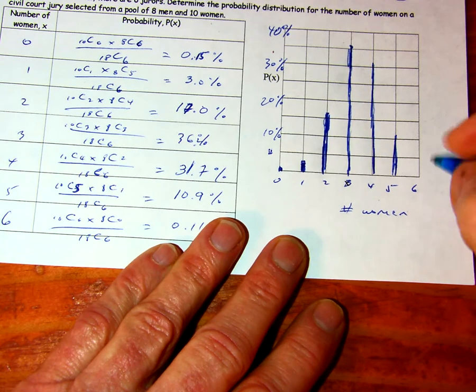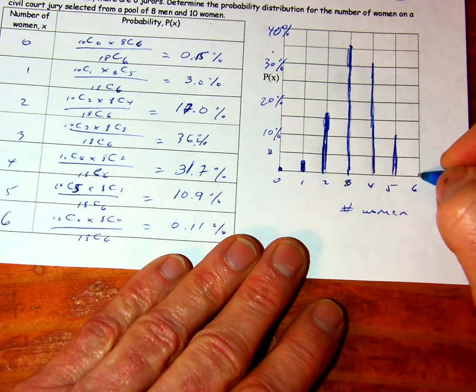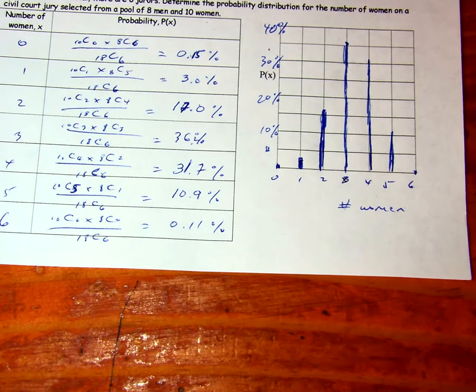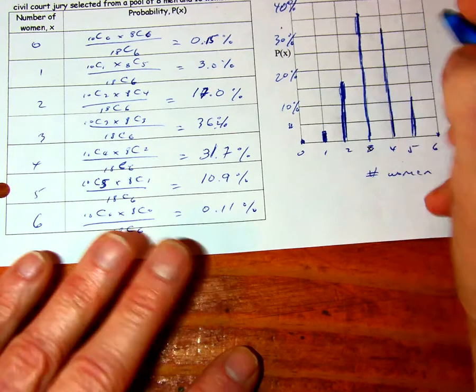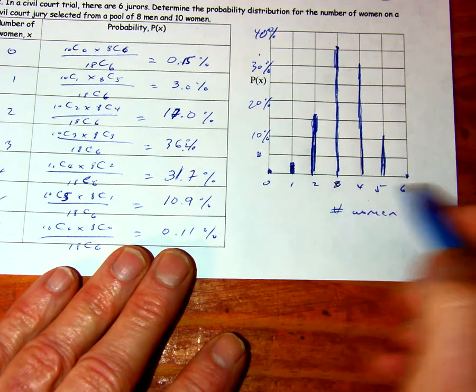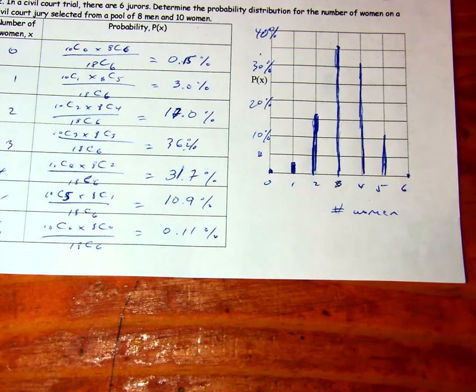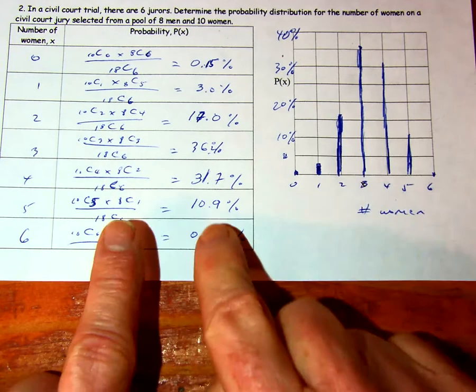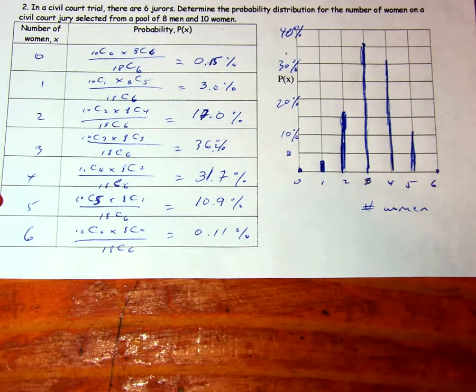And 6 is very small, 0.1. So that's what your probability distribution looks like from 0 to 6. Those are the only outcomes, either as a chart or a graph or a table.